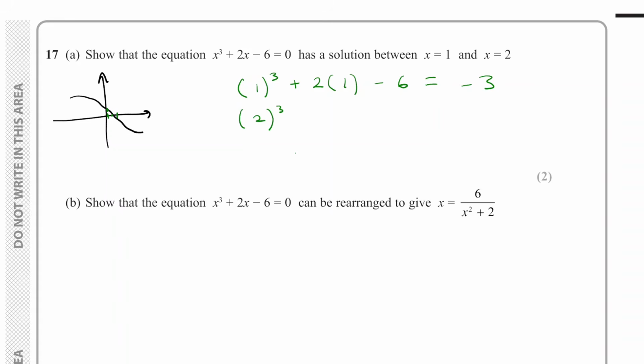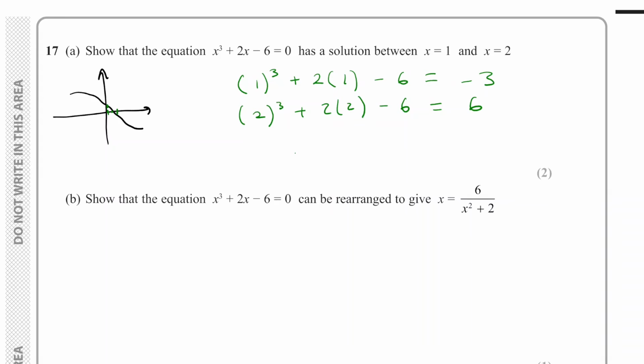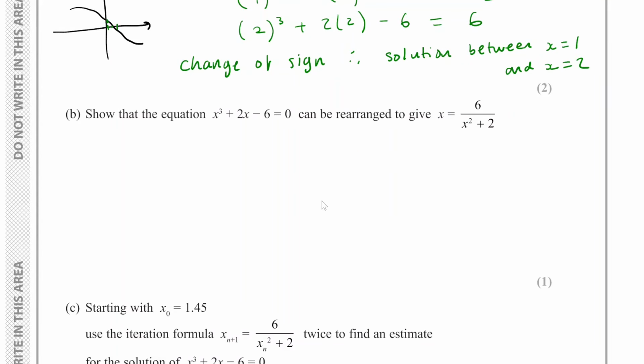If we do 2 cubed plus 2 2s take away 6, we get 6. So we've got a change of sign, therefore a solution between 1 and 2.